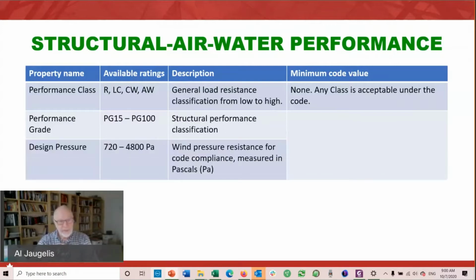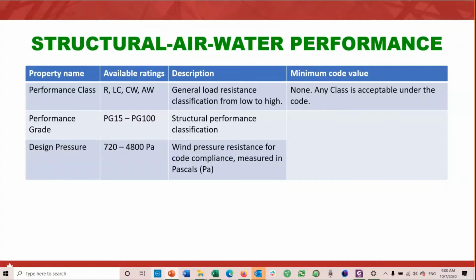A second related characteristic is the tested design pressure. Whereas the performance grade is a classification that goes from PG15 to PG100, the design pressure is the actual tested design pressure in pascals measuring the wind load resistance.